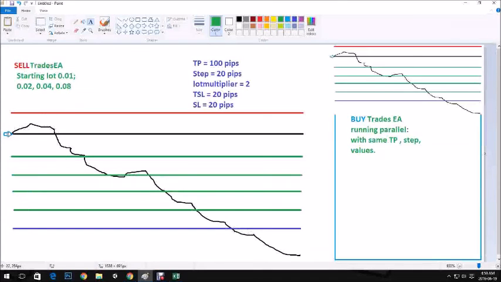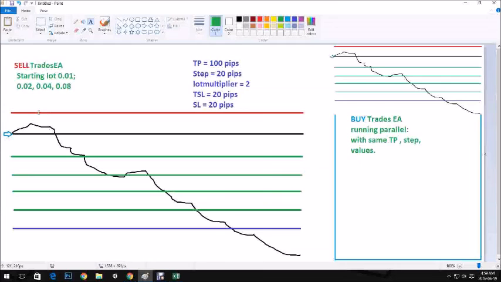Okay, and if the market is going up and up, and we have a sell trades EA on our chart, what it will do is place a sell trade whenever it hits the SL. So if we started a sell trade here and it hits the SL value right here, this EA will start another sell trade at this point of time.